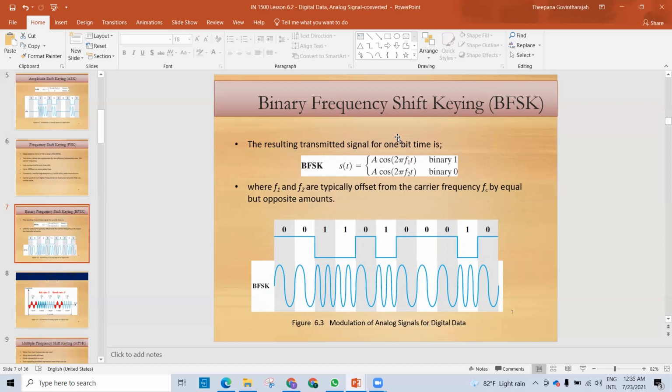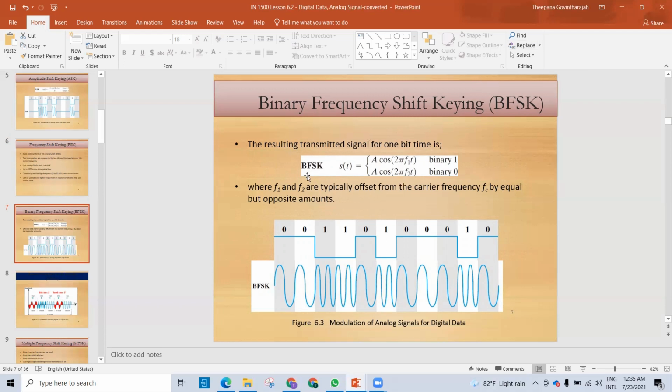If FC is 1000 Hertz, F1 will be 900 Hertz and F2 will be 1100 Hertz. Or F1 will be 800 Hertz and F2 will be 1200 Hertz. They differ in equal and opposite amounts from the carrier frequency. That is important.